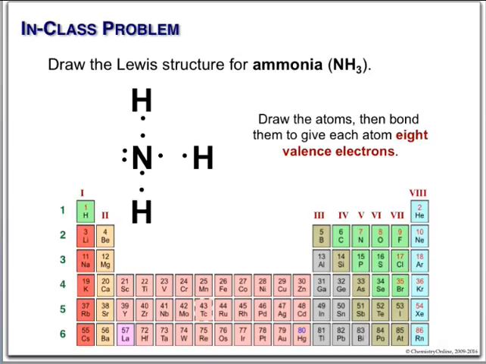Now we want to pair these up to make covalent bonds. As we look at this, right away it should strike you that, hey, here are 2 electrons. We could share those, right? We can share these. We can share these.